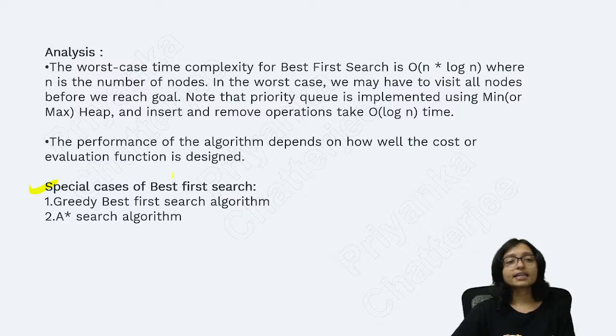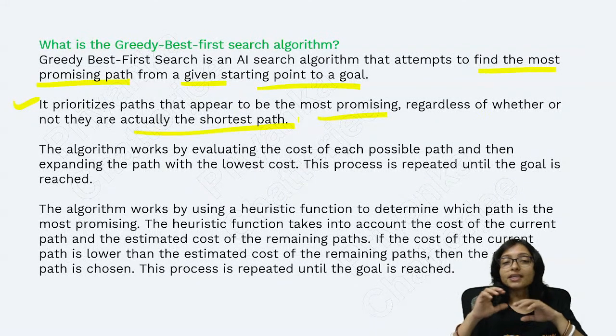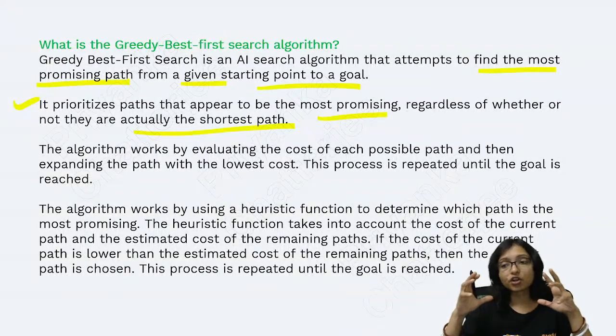And when we did greedy best first search, what was greedy best first search? Greedy best first search attempts to find the most promising path from a given starting point. If it prioritizes the path, then the most promising will be the one which is shortest. What is the main concept of greedy?